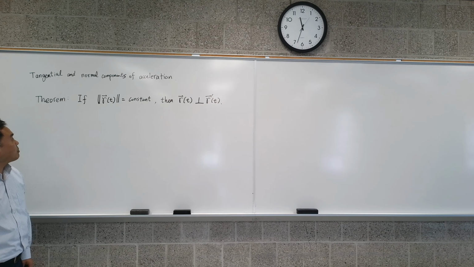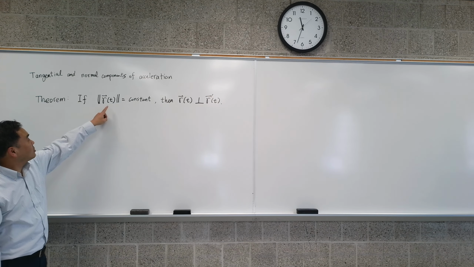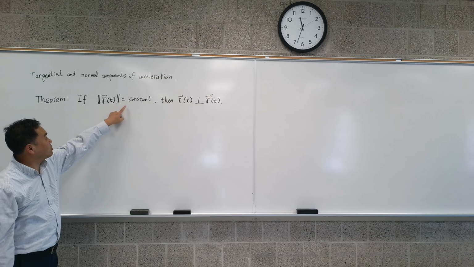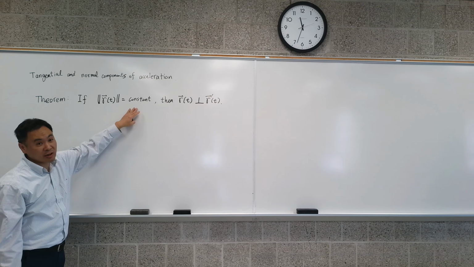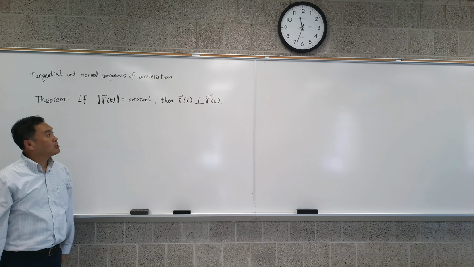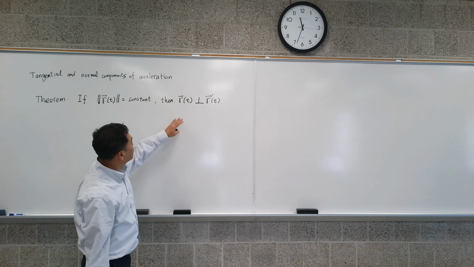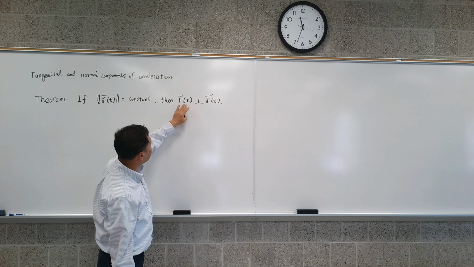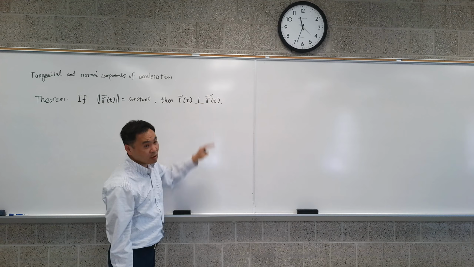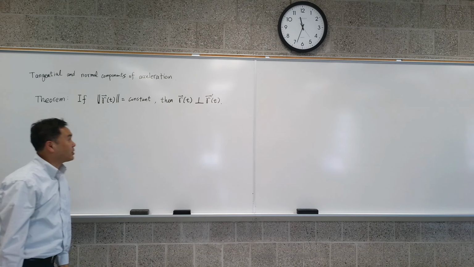Now, if it happens that regardless of the t value, the value of the norm doesn't change, then that vector valued function will always be perpendicular to its derivative.